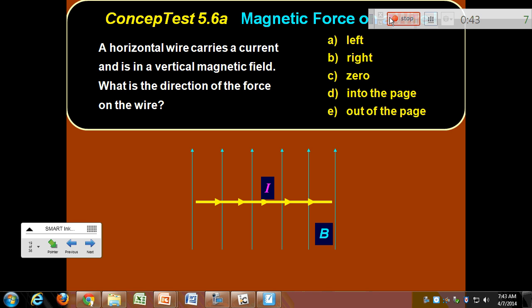The magnetic field is up, right? So the magnetic field is in this direction. Current is in this direction. The magnetic field is in this direction. I remember more correct is not to say the current is in that direction, but the length of the wire is in that direction.